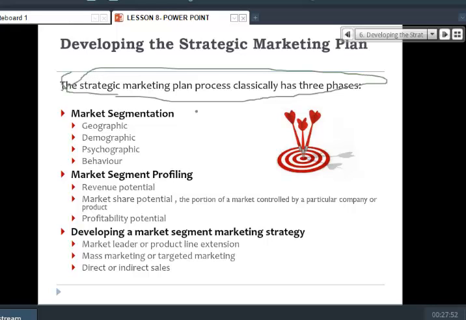What are the stages of the marketing plan process? Classically, the marketing plan process has three phases: the market segmentation, the market segment profiling, and developing a market segment and marketing strategy.